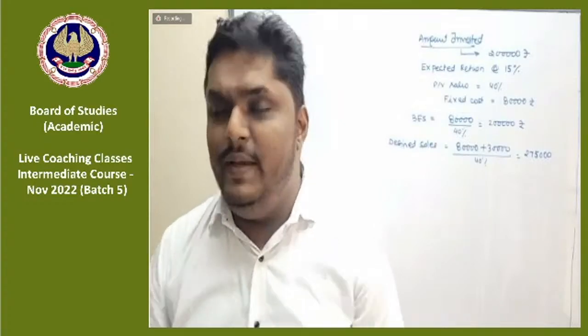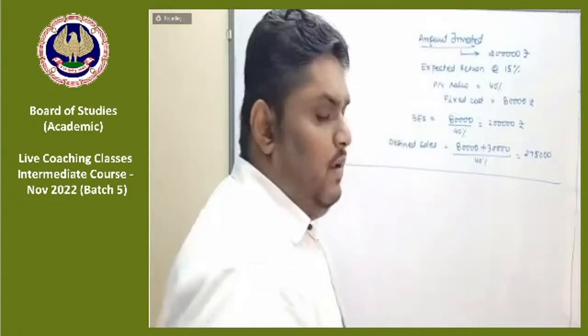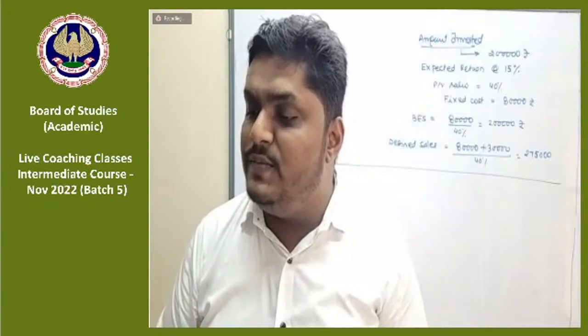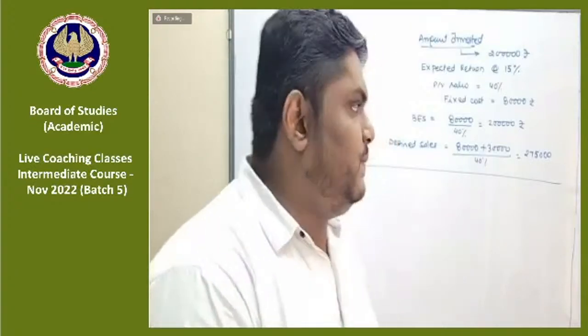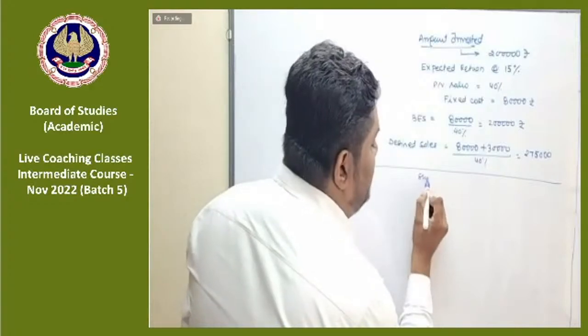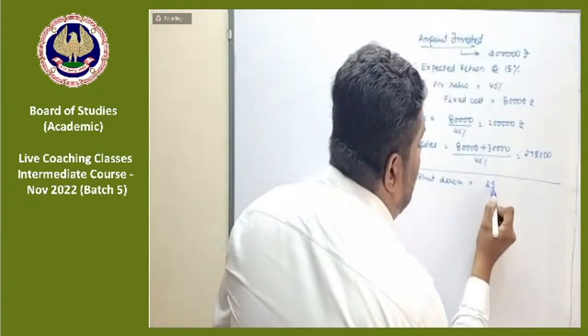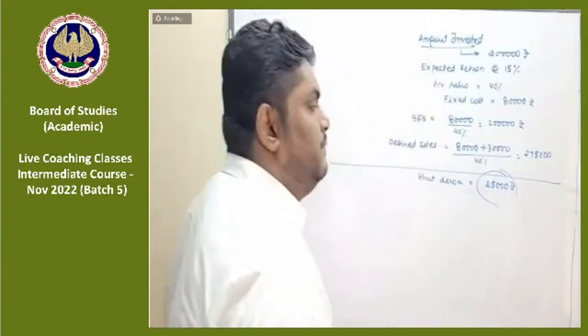Mr. X estimates that even if he closes the door of his business, he would incur 25,000 as an expense per year. So this is my shutdown cost of 25,000.